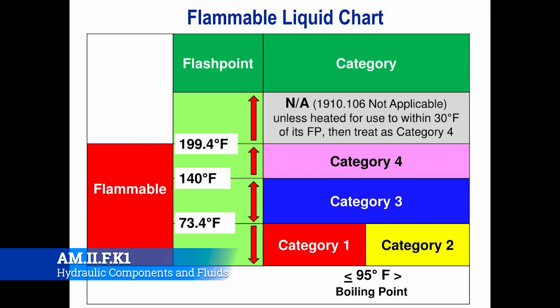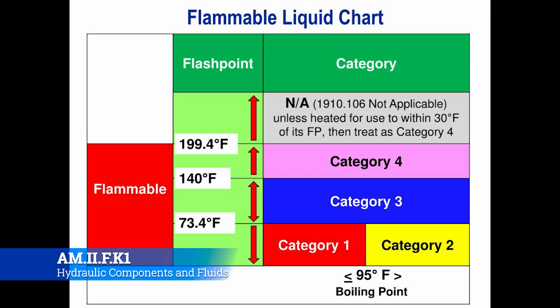The reason being is that it's very easy to hit 73 degrees. I mean, that's basically room temperature. So at room temperature, that fluid will off gas flammable vapors, and it could actually spark and catch on fire. Even up to 140 degrees, you're kind of in a Cat 3, Cat 4 flammable liquid.